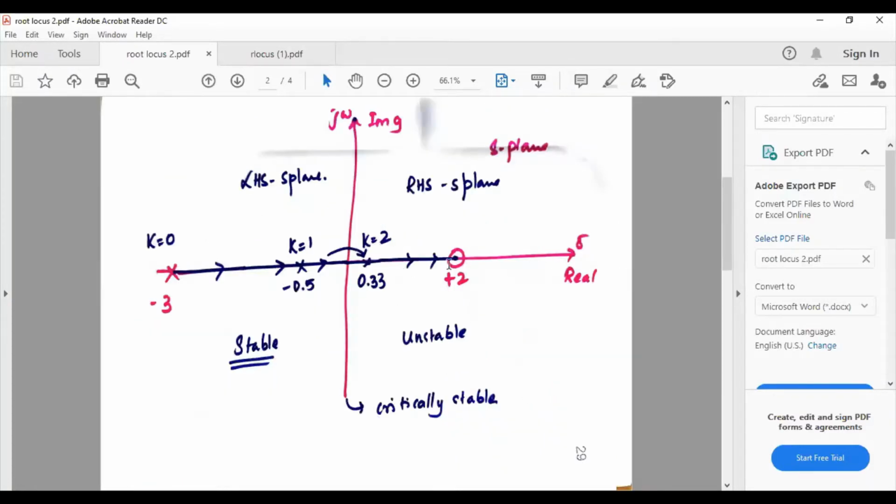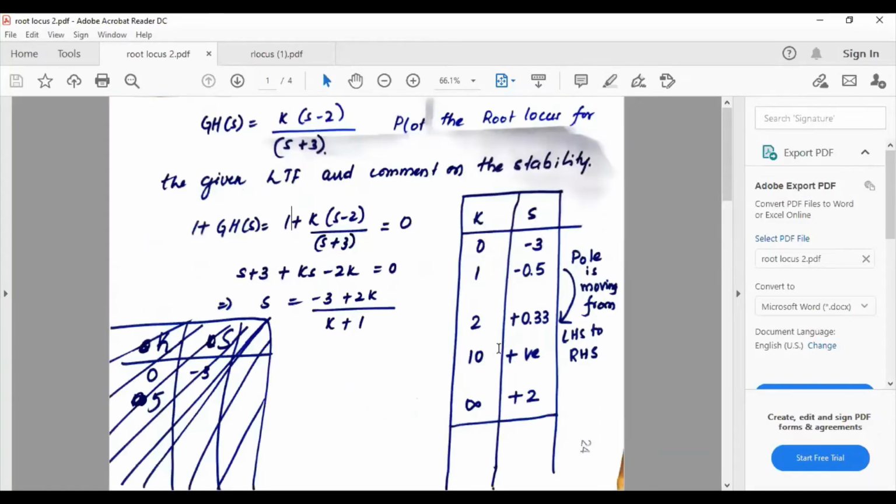So finally, it has settled down at the zero for k equal to infinity. It started from the pole at minus 3 and ended at the zero, which is plus 2. And in between, there is a transition from stable region to unstable region.